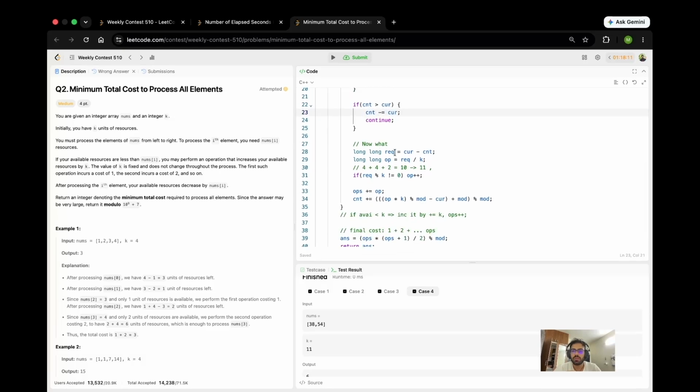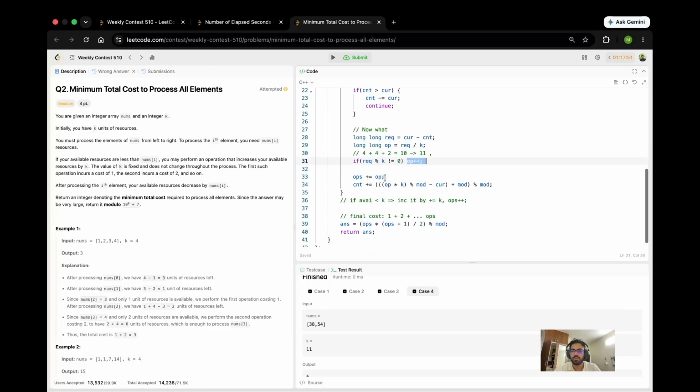Okay. Required is current minus count. Required by k because it increases in the steps of k. This is right. And if required modulus k, we will increase by 1. Operations plus equals 1.